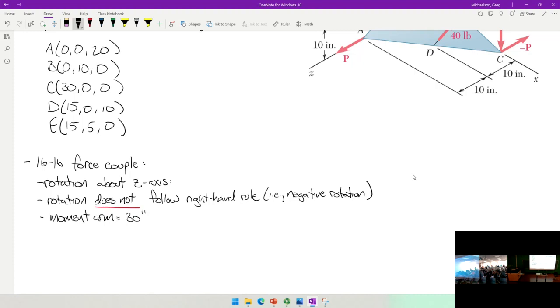Therefore, F times D is 16 pounds times 30 inches, which is 480 inch-pounds.